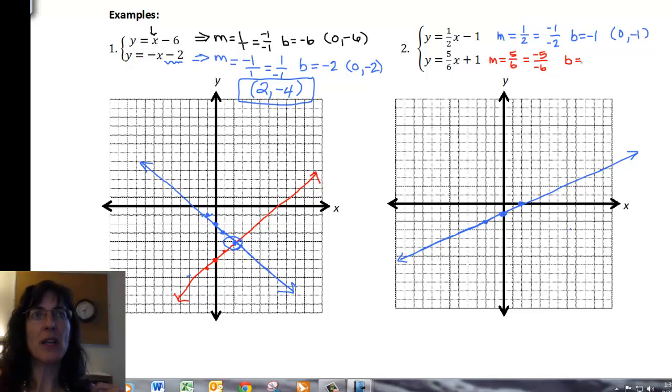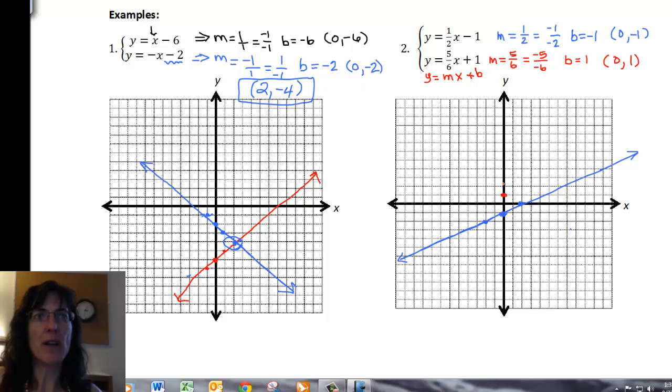And my b is the plus 1 right there. Remember, this is the y = mx + b form, so the b is a plus 1, which means my y-intercept is (0, 1). Then I'll plot that. (0, 1) puts me right here, and my slope is positive 5 over positive 6.